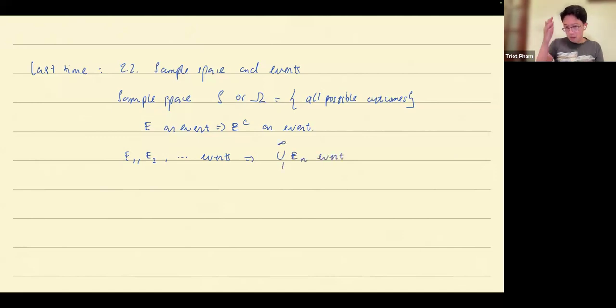So this or that or that or that. As long as all of them are events, then you can combine them to be an event. These two together would imply that the intersection of events is an event, so this and that and that and that, and so on and so forth, is an event. So basically, it just says that events can be combined using complement, intersection, or union.